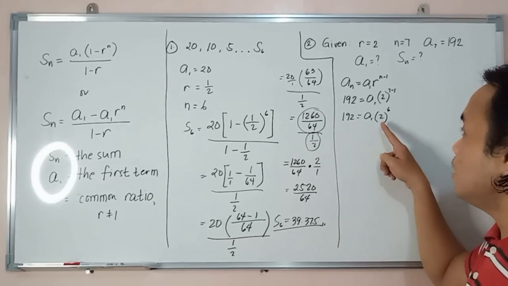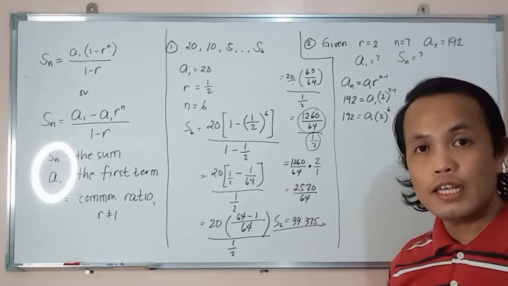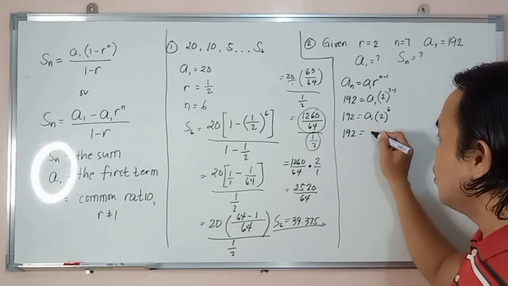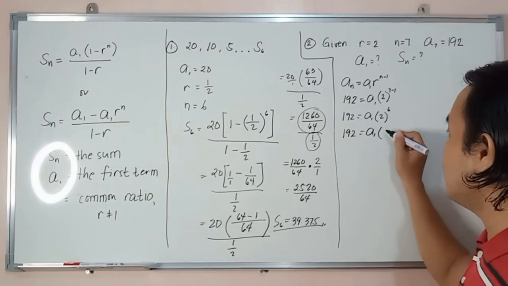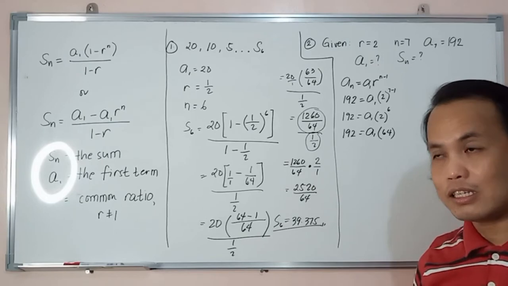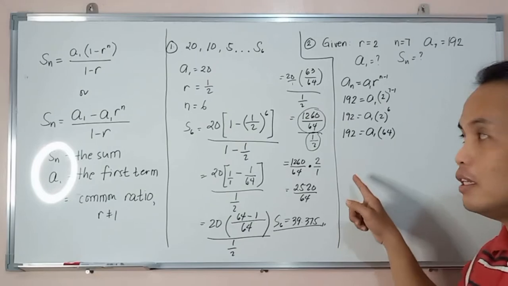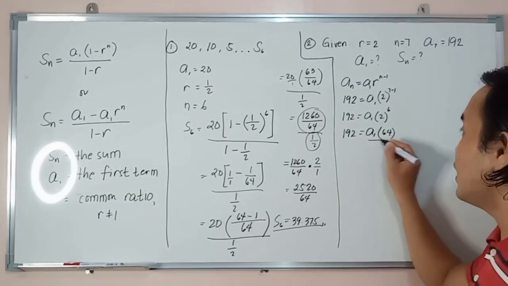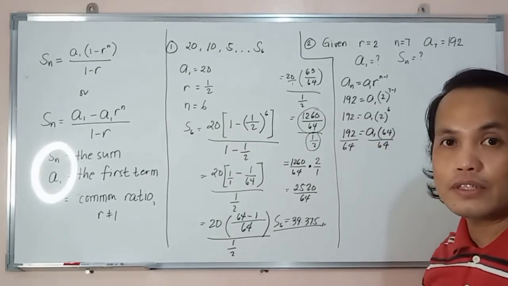This time, we need to raise 2 to 6. That means we will multiply 2 six times. So we copy 192 equals a sub 1 times 2 raised to 6, which will give us 64. That means 2 times 2 times 2 times 2 times 2 times 2. Now, since we are only going to solve for a sub 1, we need to eliminate 64 at this side of the equation. So to eliminate this 64, we have to divide by 64 at this side of the equation, and of course, we have to divide by 64 at the left side of the equation.